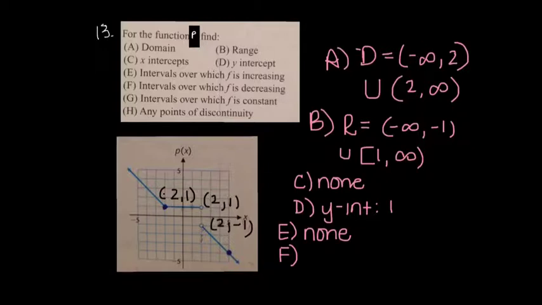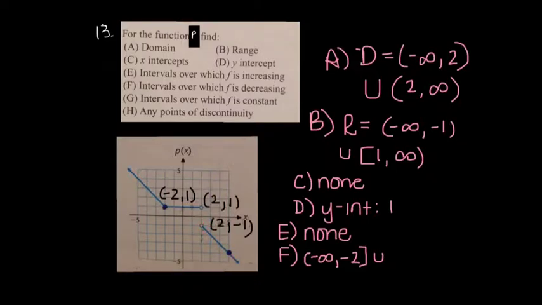It would be decreasing from negative infinity to negative 2, that's the domain value, and then I'm going to pick that back up where it starts to decrease again, which would be at this point to positive infinity. The domain value here is a positive 2. I'm not including this 2 because 2 is not an element of that domain.